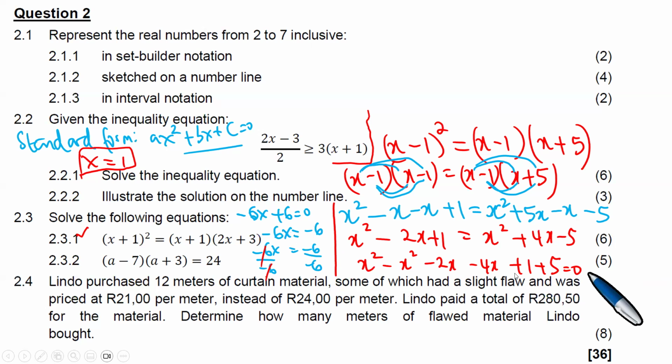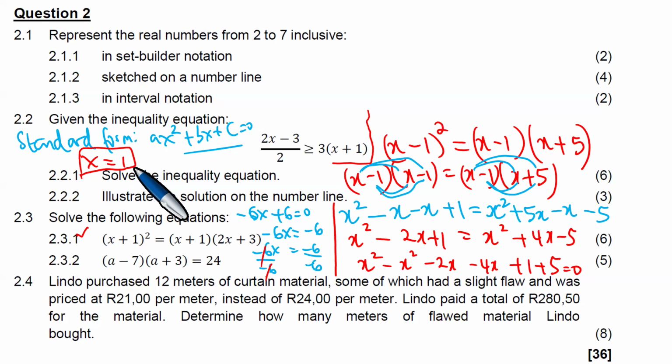But everything is equal to 0. So now we have to solve for x. The 6 now is taken across, and then you divide by negative 6 on both sides, getting x is equal to 1.